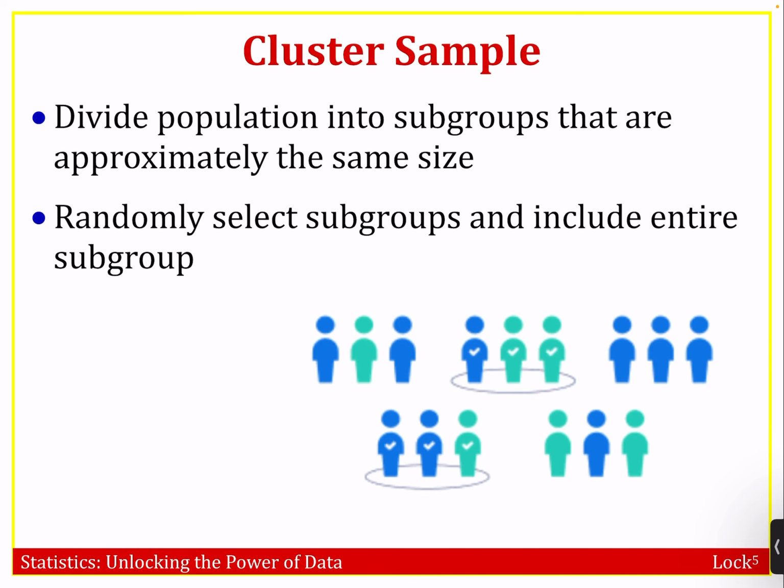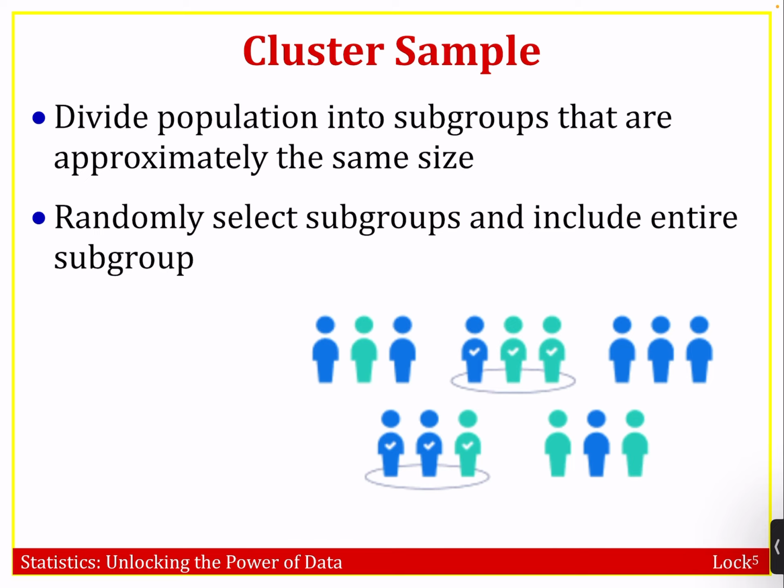And lastly, we can use what's called a cluster sample. So we divide our population into subgroups that are approximately the same size, and then we randomly select those subgroups and include that entire subgroup. So, for example, suppose we're wanting to sample students at a university.